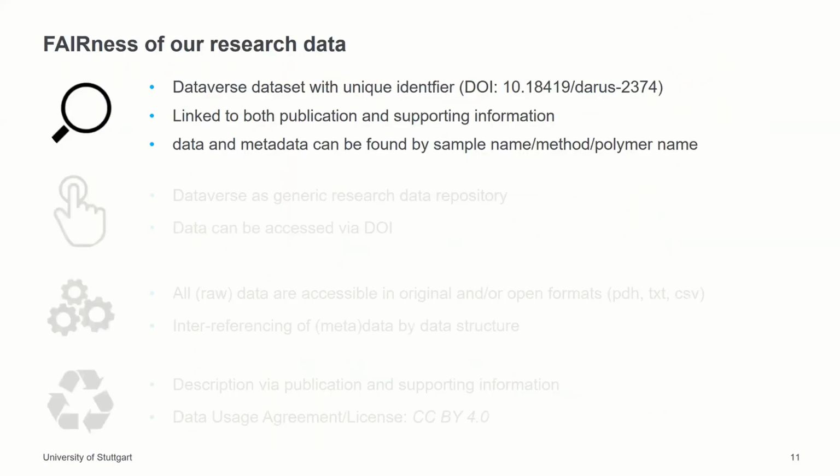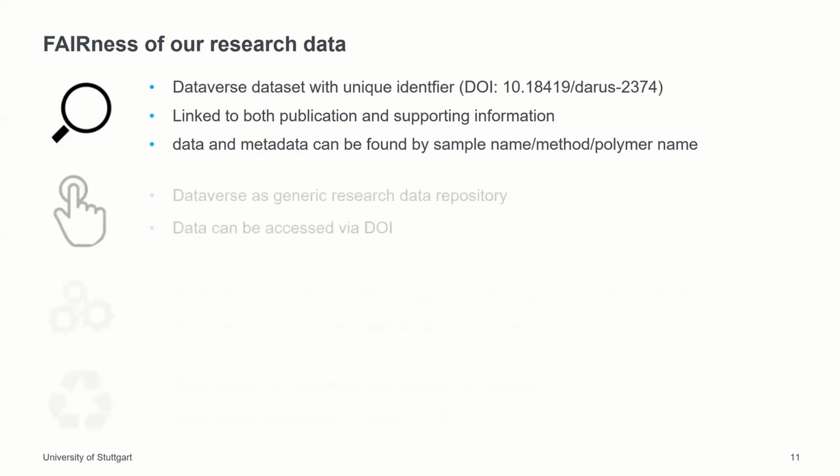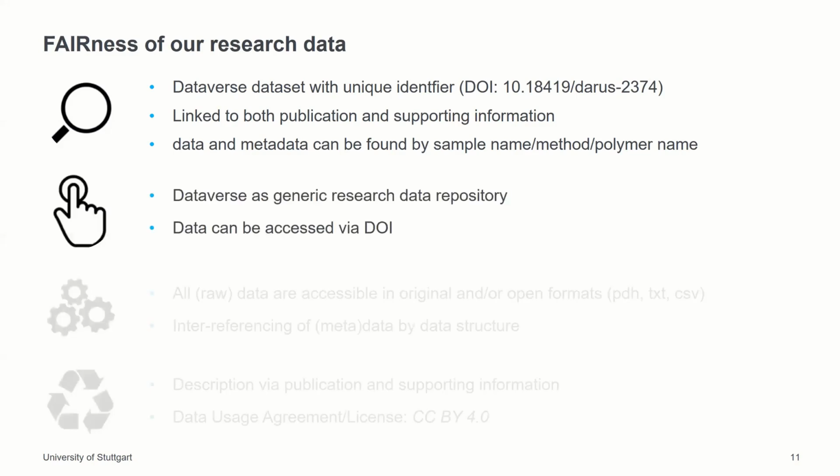So to sum up, we did our very best to make our data FAIR by publishing it with a unique identifier, and to link it also both in the publication and the supporting information. It's possible to search the DARUS Dataverse, and we have these keywords associated.